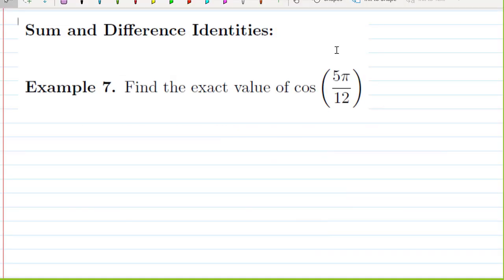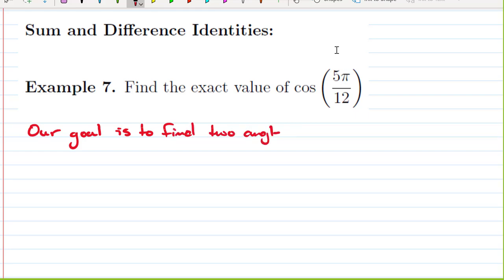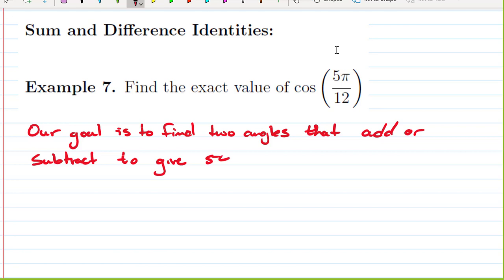So let's get back to our problem. Our goal is to find two angles that add or subtract to give 5 pi over 12, because that's our goal, right?